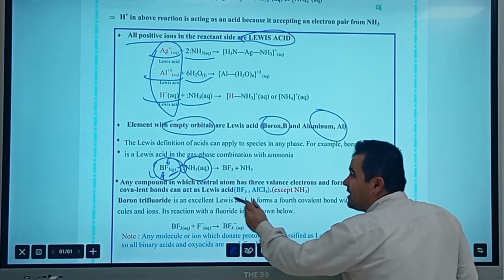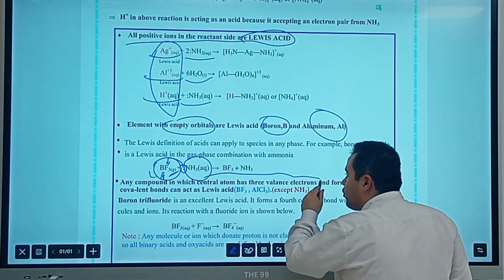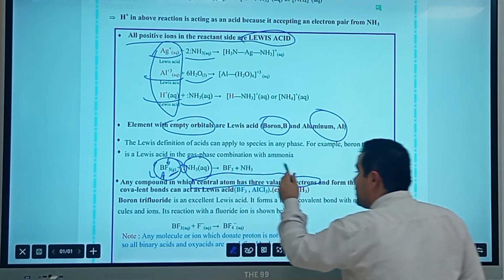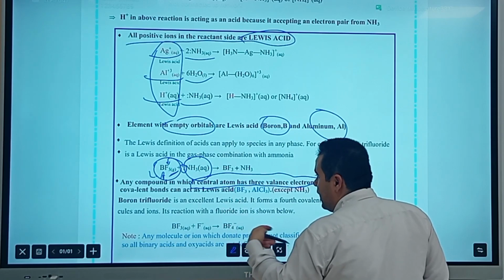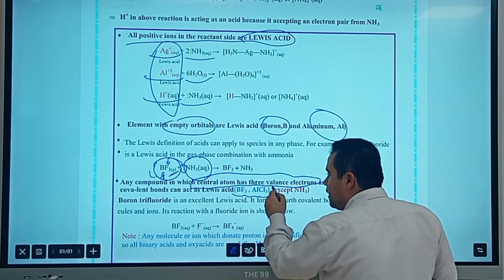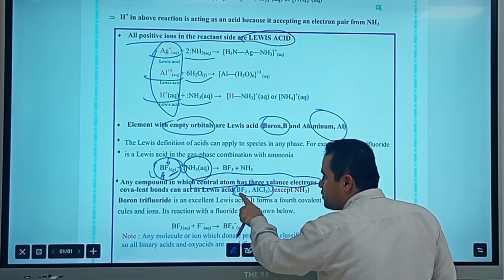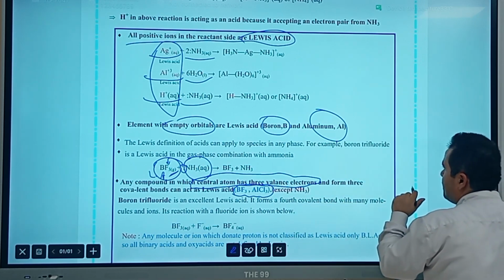Any compound in which the central atom has 3 valence electrons and forms 3 covalent bonds can be a Lewis acid. In our book we have got 2 examples, BF3 and AlCl3.